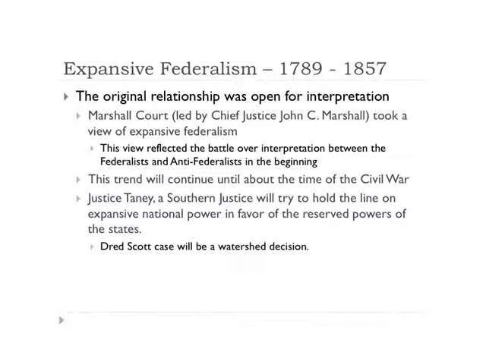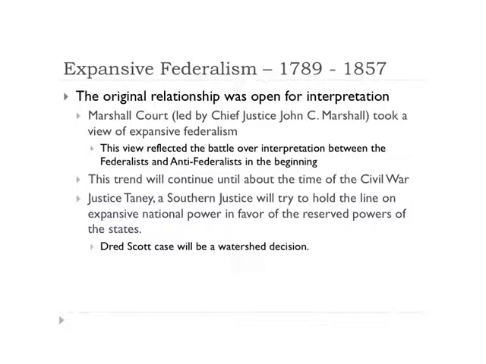And he will appoint Justice Taney, a Southern justice from Virginia, who is a slave owner and very much a states' rights advocate. He's going to try to hold the line or control that expansive national power in favor of the reserved powers of the state, trying to shift that balance back to the states.